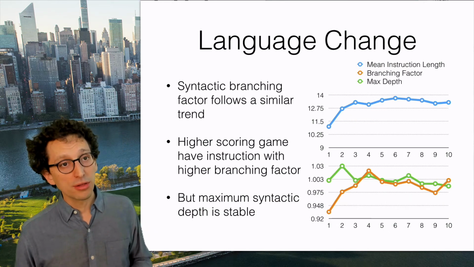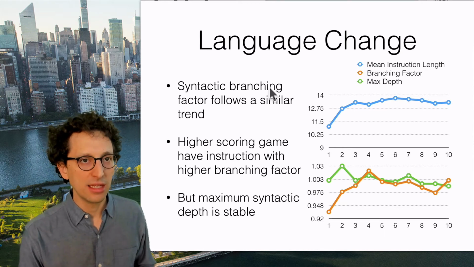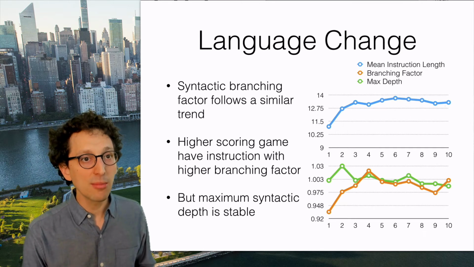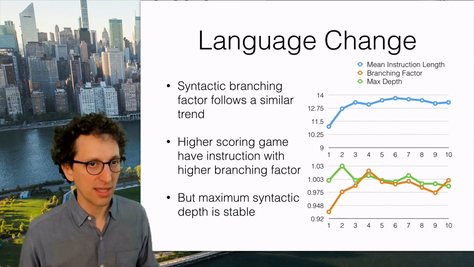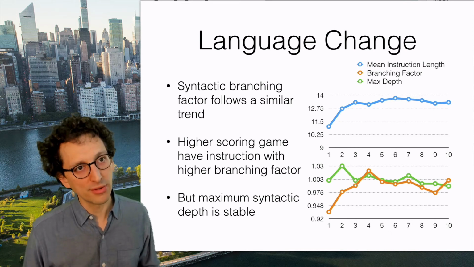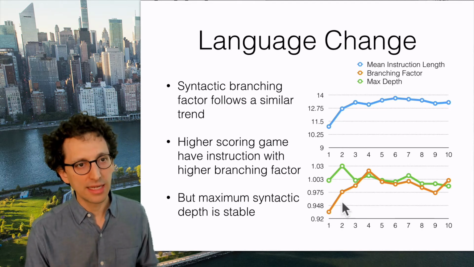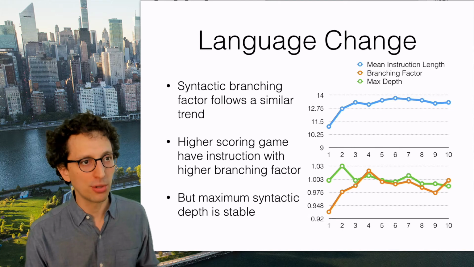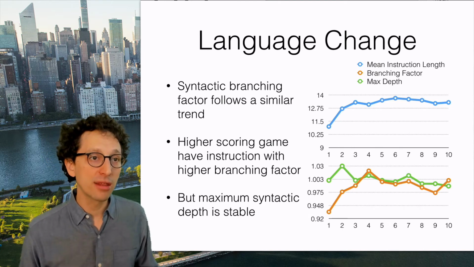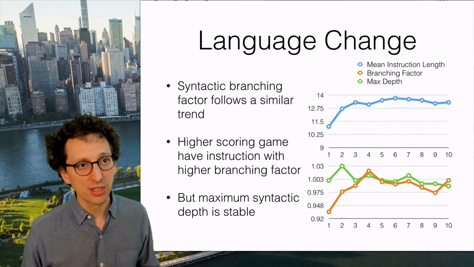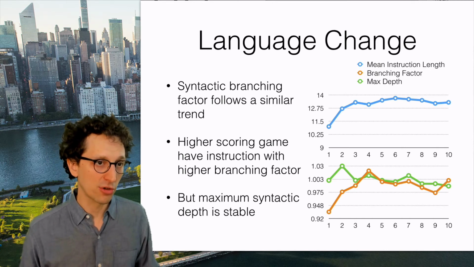Okay, we also observe that as the instruction length increases and stabilizes, the language becomes syntactically more complex, at least as far as the branching factor. The syntactic branching factor, this is the orange curve, increases and follows a similar trend to the mean instruction length.